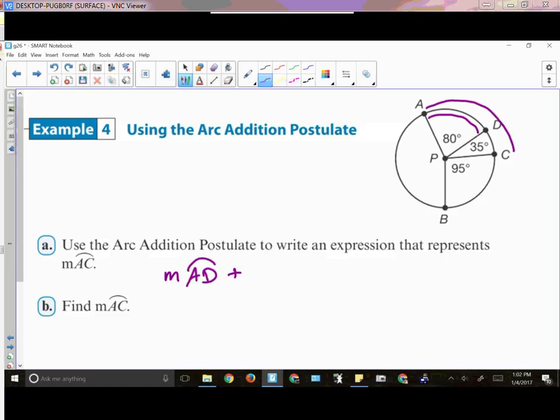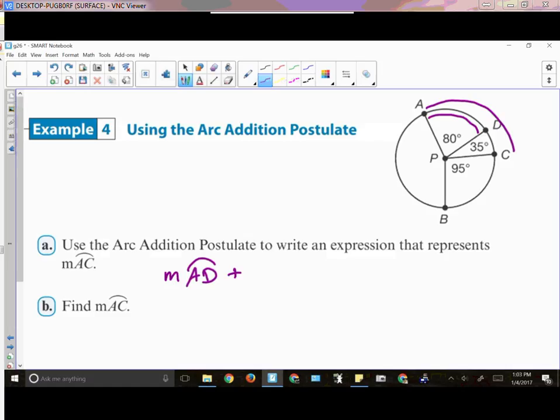So, how do we know which way it's going to go? Generally speaking, your minor arcs will not go through and identify a third point. Major arcs will go through and identify a third point. Now, do I actually have any information about what AB is?